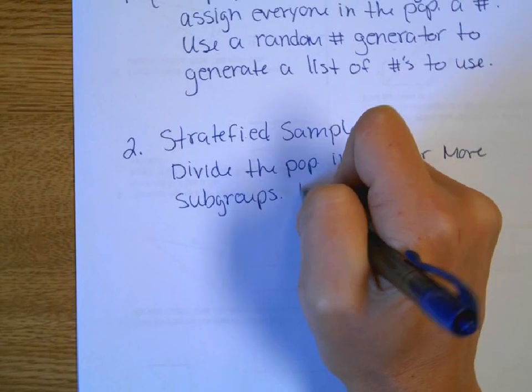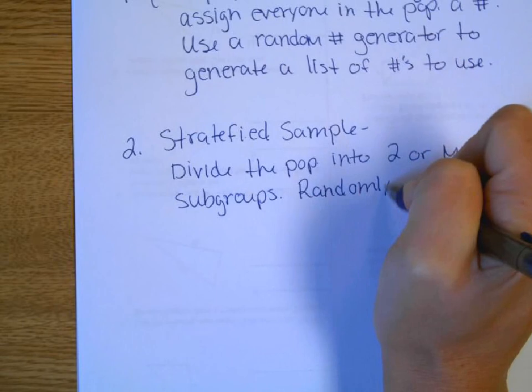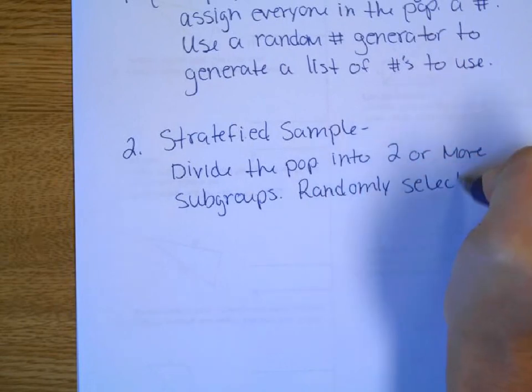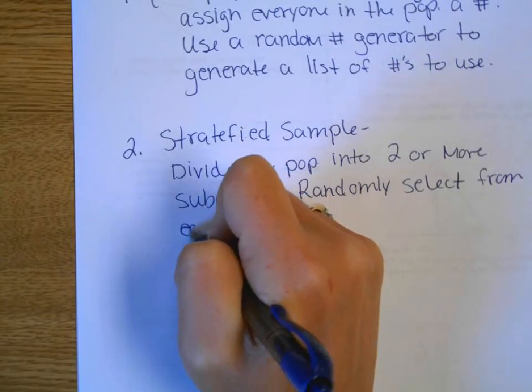Then after that, you randomly select from each subgroup.